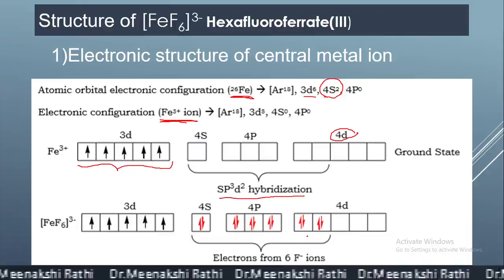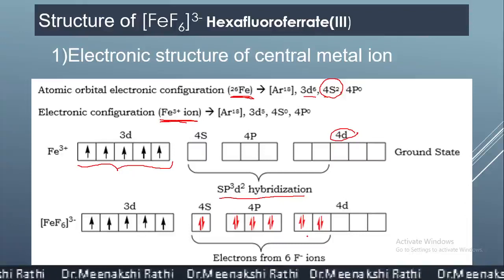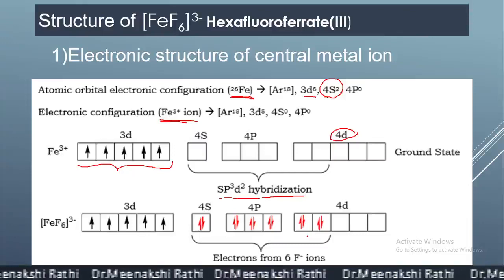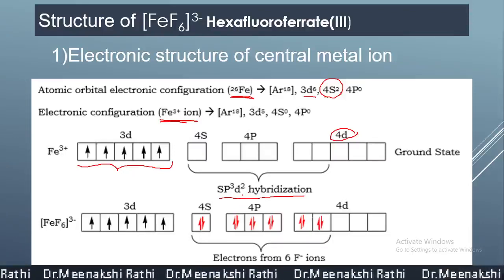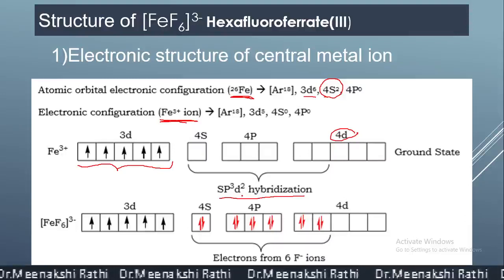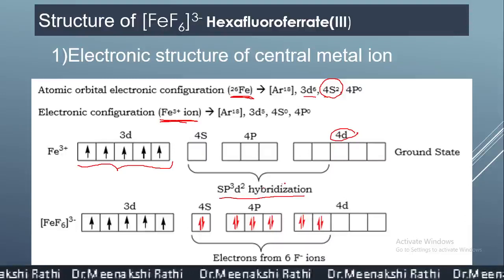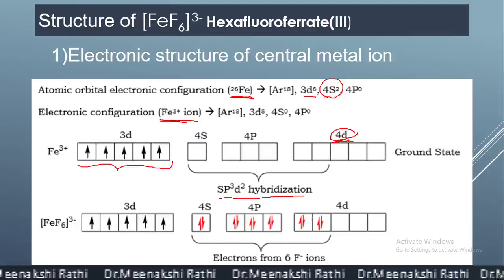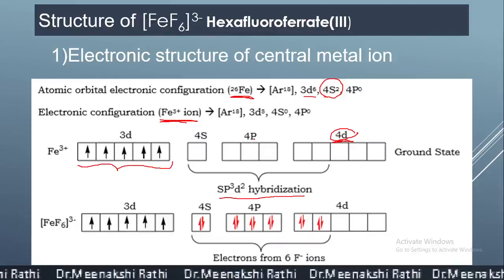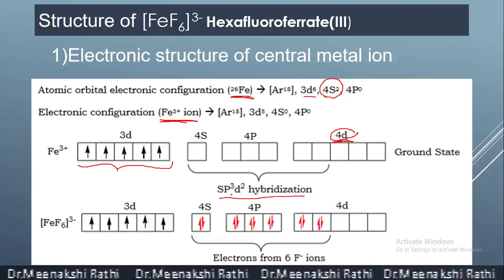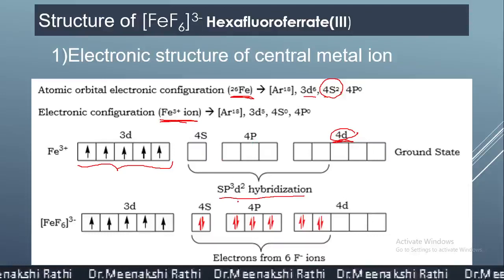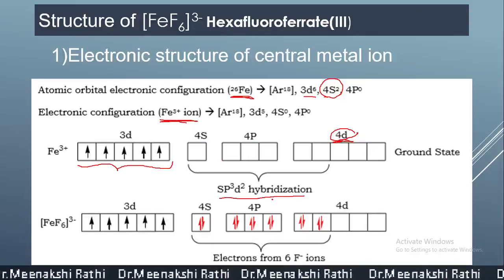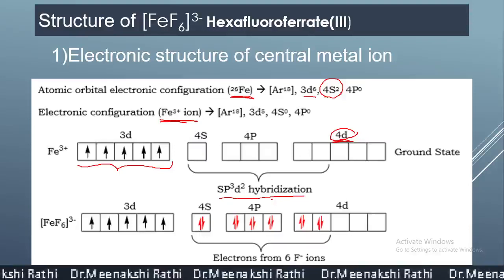Here, during the formation of FeF6 3-, the d orbital which is used for sp3d2 hybridization has a similar energy level to 4s and 4p, and such hybridization gives outer orbital complexes.